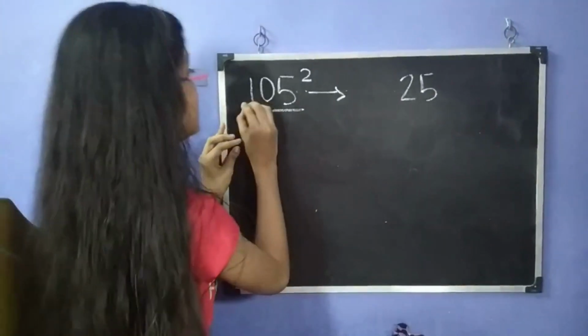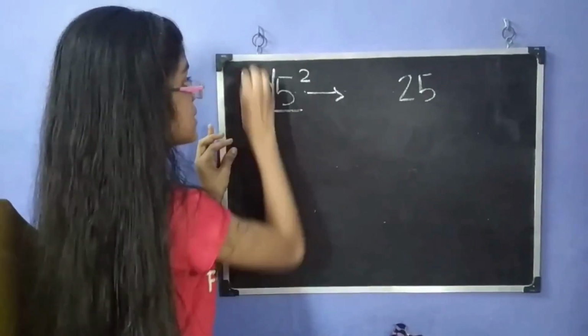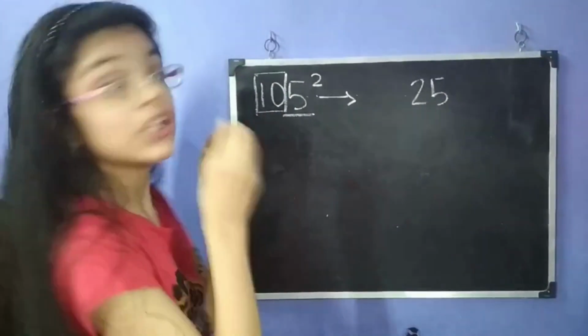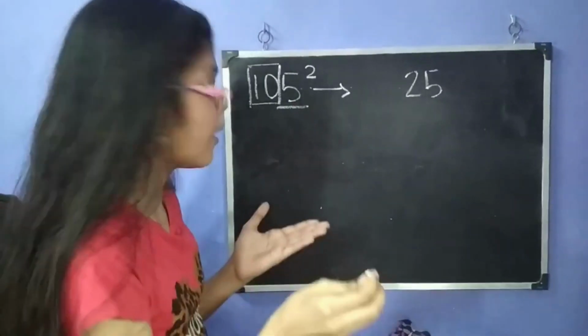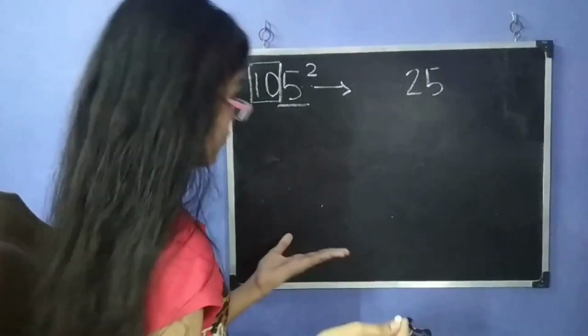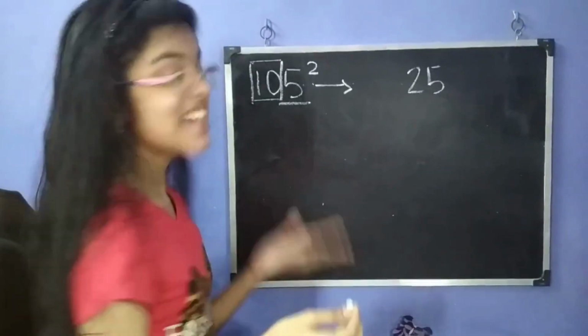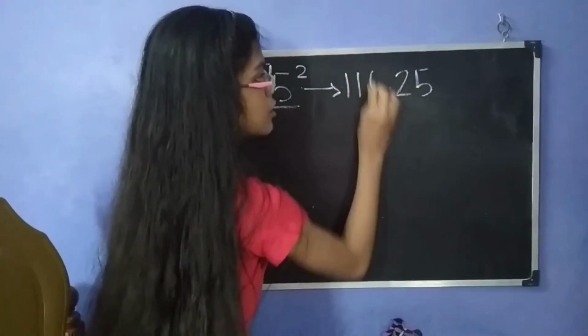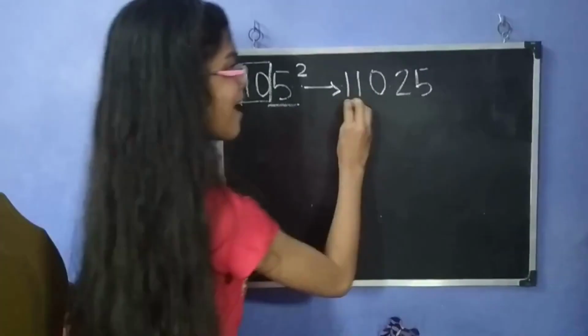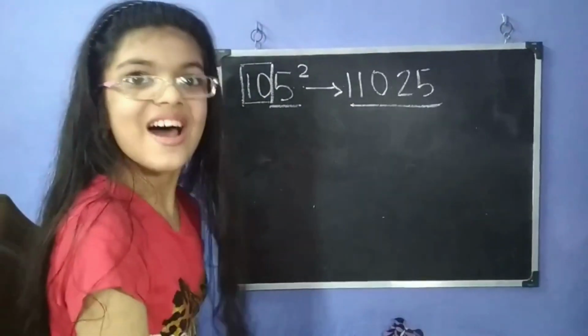Now we have the other one, which is 10. Now what you're going to do is multiply 10 with the next number. What's after 10? 11. So we have to multiply 10 times 11, which is 110. We found the answer. That was really fast.